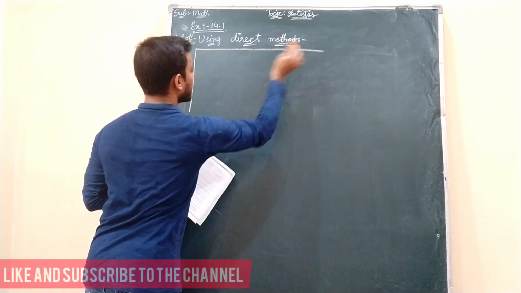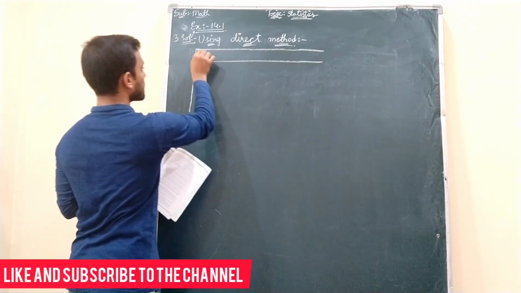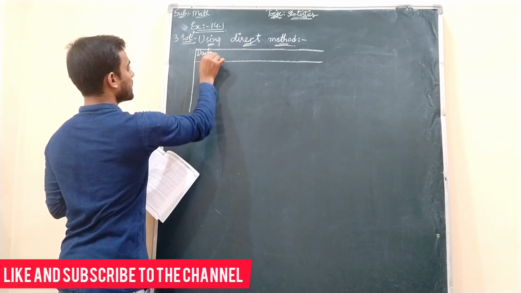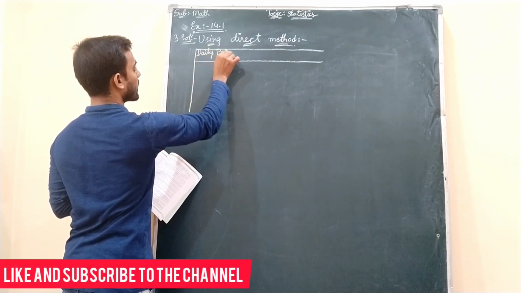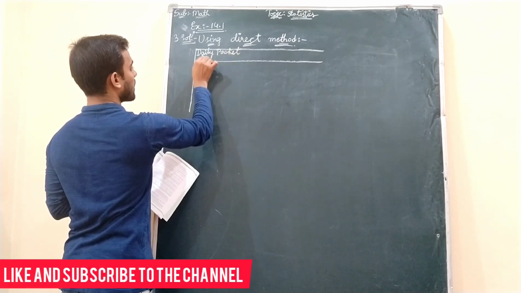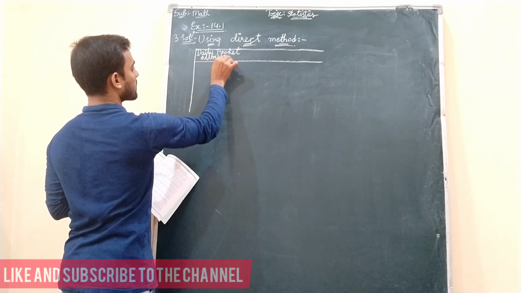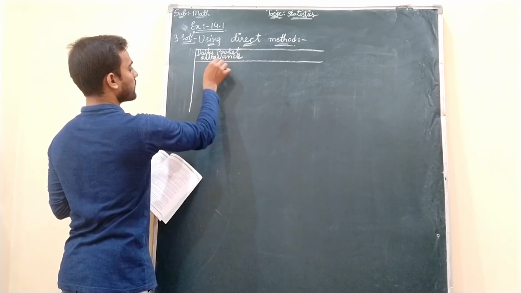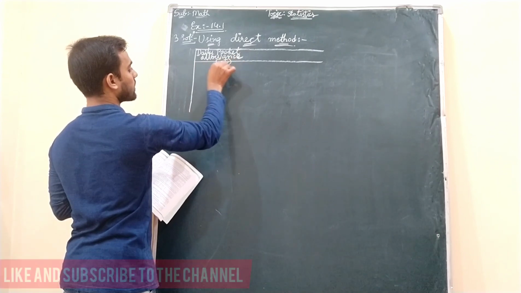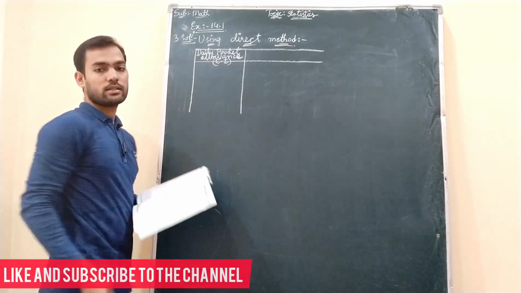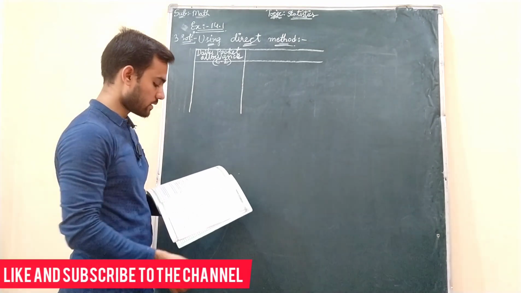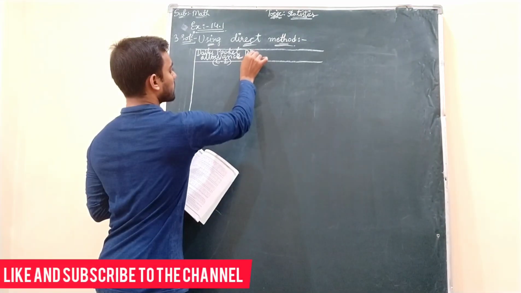Direct method means only 4 columns you need to prepare. First, daily pocket allowance. This we will take as CI, meaning the class interval. Next, number of children.